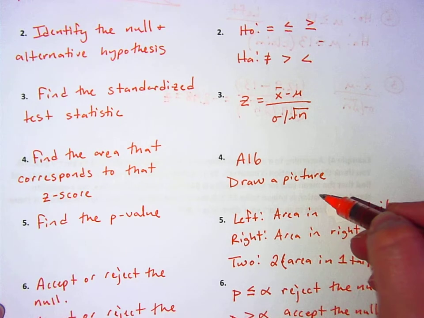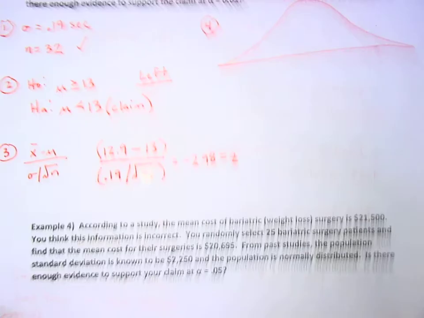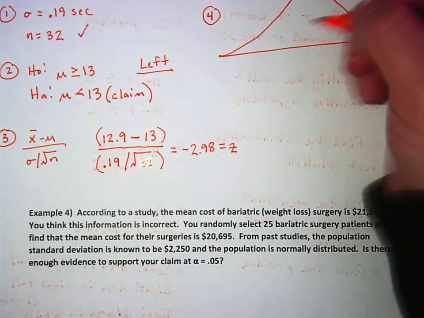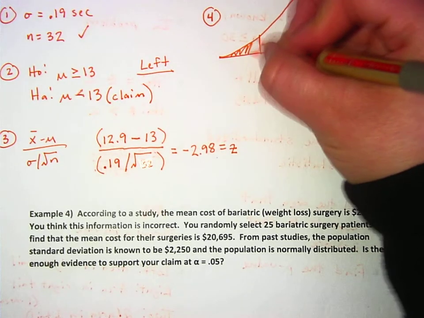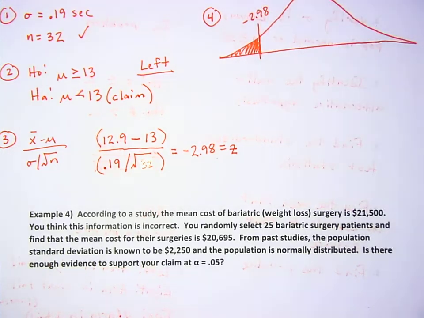That's under step 4. Mitchell said this was a left-tailed test. Okay, and this is negative 2.98. So we need to find the area to the left of negative 2.98 on A16. .002. 2.98.